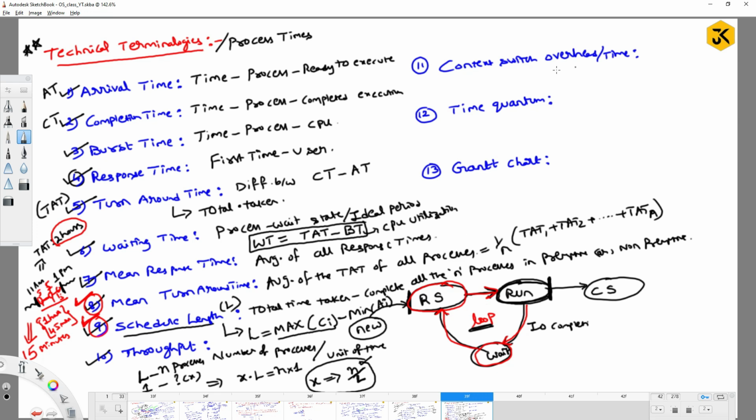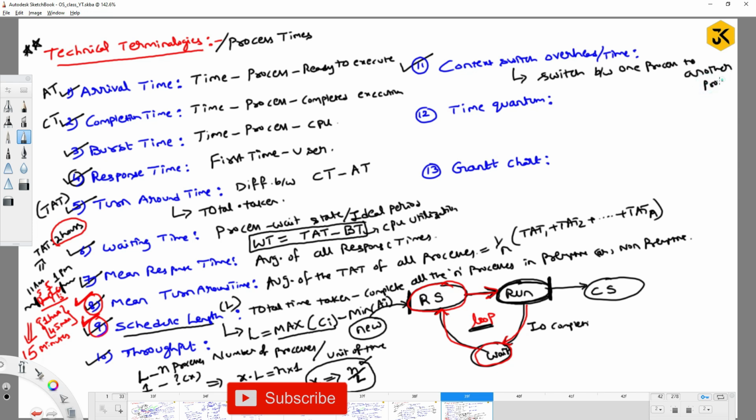Okay. Next one, context switching overhead or context switching time means the amount of time taken to switch from one process to another process. It is called context switch time or context overhead, which we can generally represent like this.